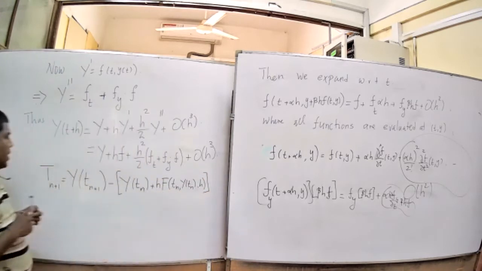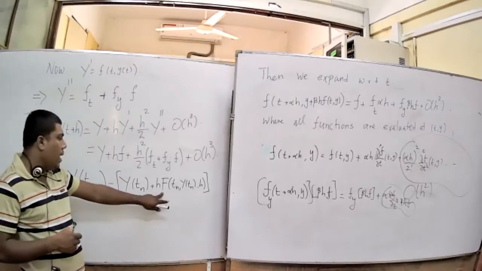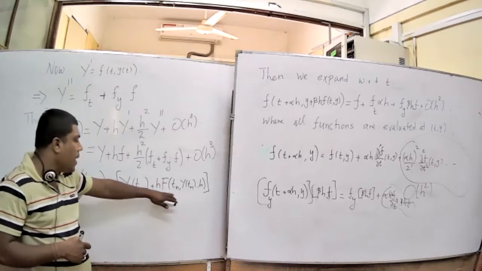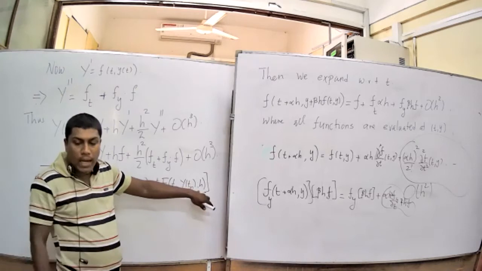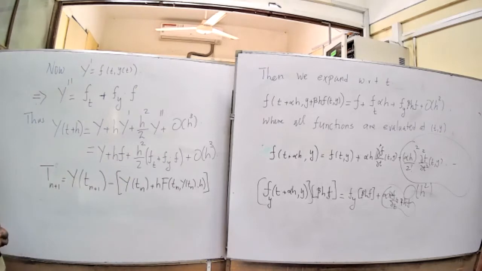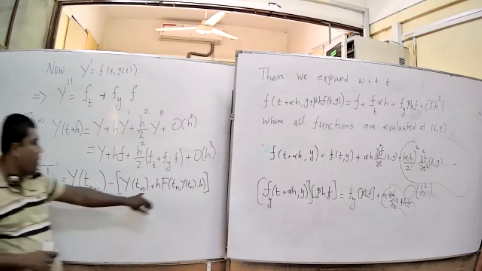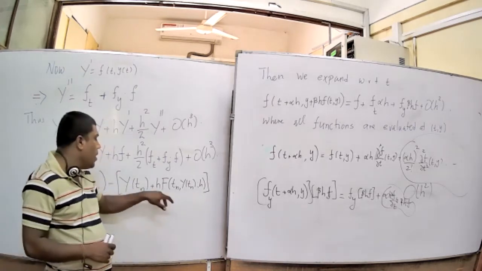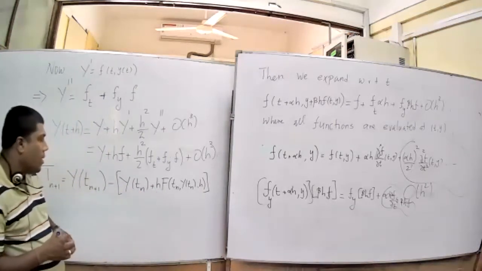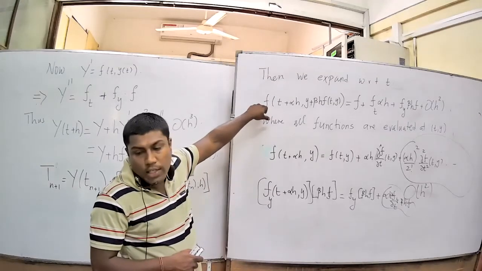So you can see that with capital F, I already have an h in front. If I approximate capital F with order of h squared, when I multiply, I get order of h cubed, because your eventual goal is to get order of h cubed in this truncation error. So if I have h squared, that is enough here, because when I multiply by the extra h, I will get h cubed. That is why here we stop with order of h squared.